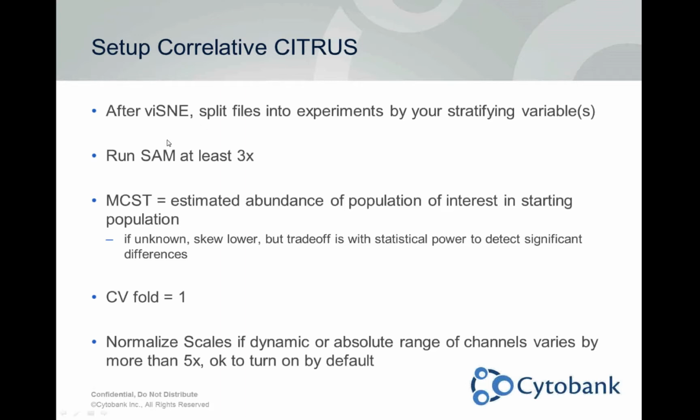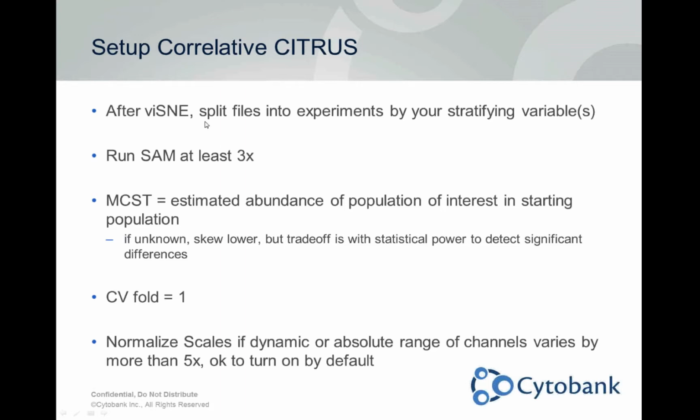So run SAM at least 3 times, and this is a theme you'll hear me repeat a couple times in this webinar. It's important to repeat Citrus to make sure that you are not getting any false positives. At least 3 times is enough to convince yourself: all right, cool, I think I'm onto something here.